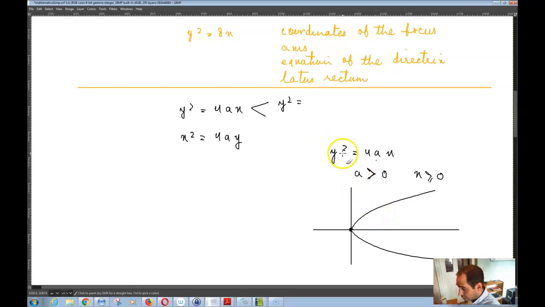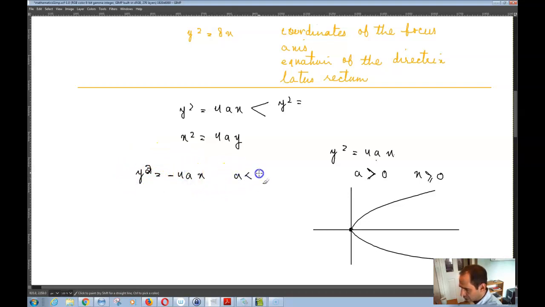I'm just making some corrections on what I said in the previous video. Now on the other hand, if you have y squared is equal to negative 4ax, still y squared has to be a positive value.